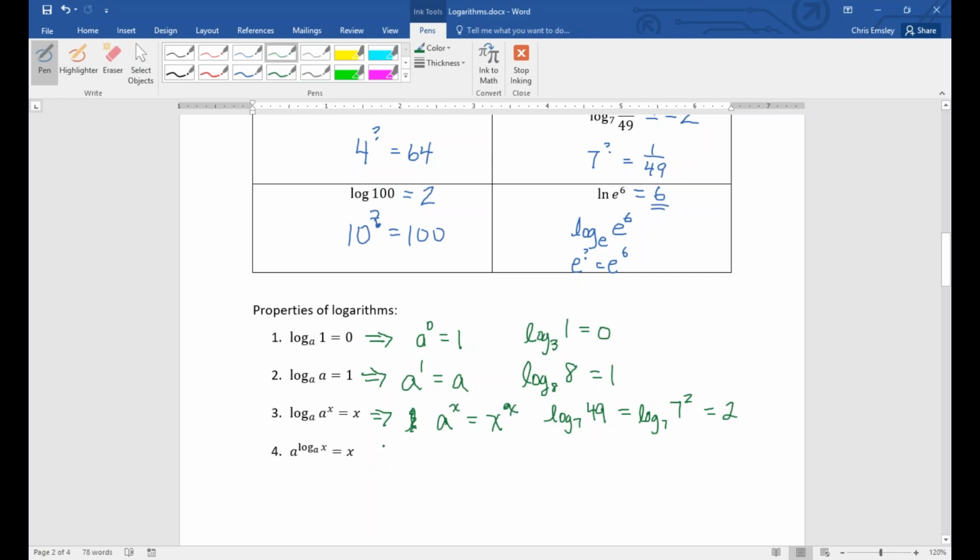So if you want to see the justification behind this one, I'm just going to refer you to your textbook. But for example, to see that applied, if we had 5 raised to the power of log base 5 of 6, if the base is the same here and the same in the logarithm, that is equal to just 6.